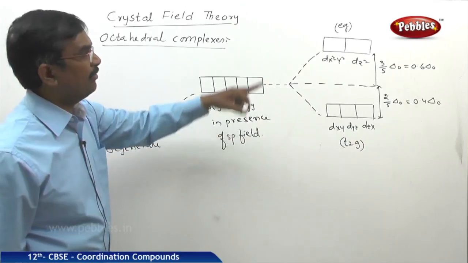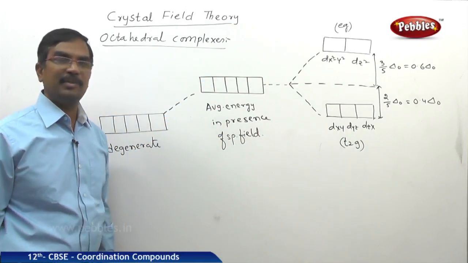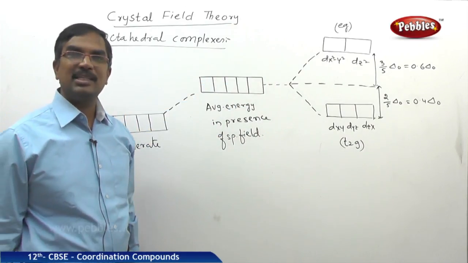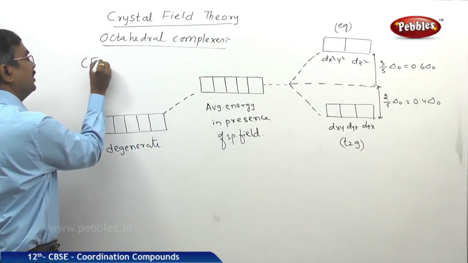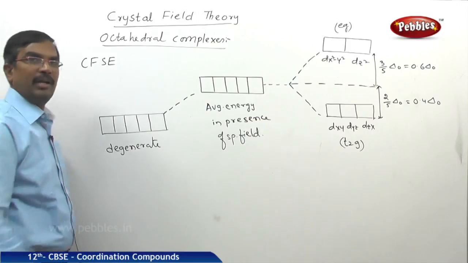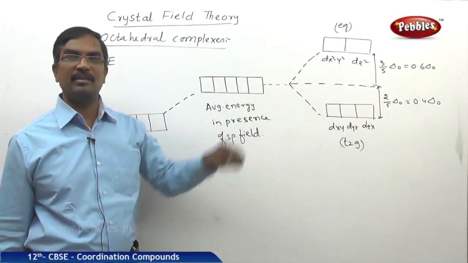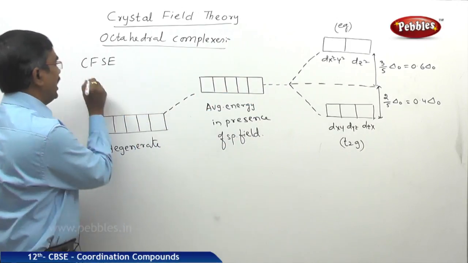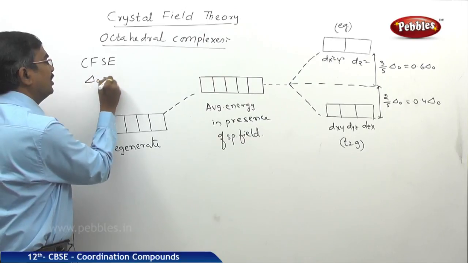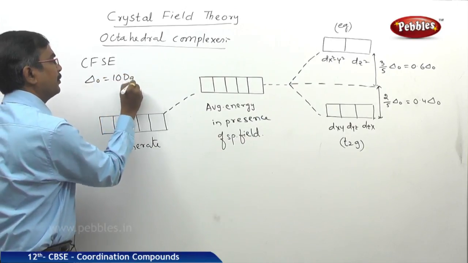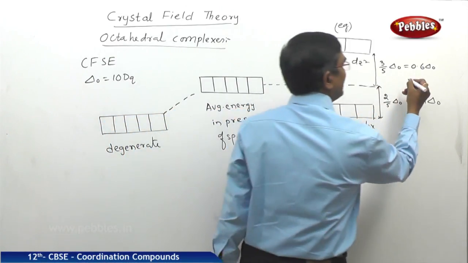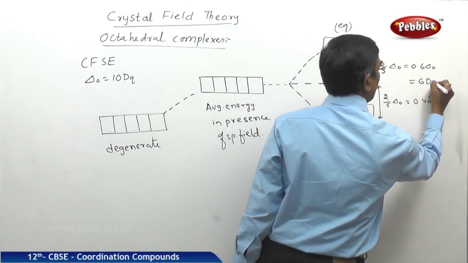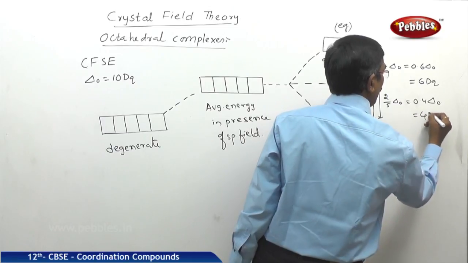This splitting we generally call crystal field splitting, and the energy is called crystal field stabilization energy. Of course, this delta O is equivalent to 10 dq. That's why we can also write this as 6 dq, and this as 4 dq.